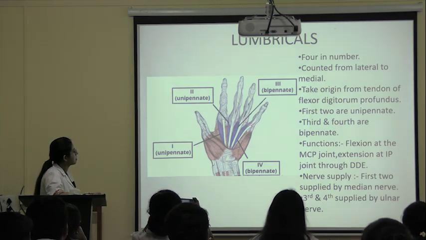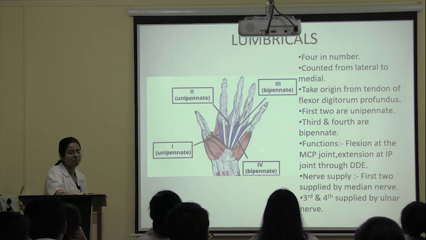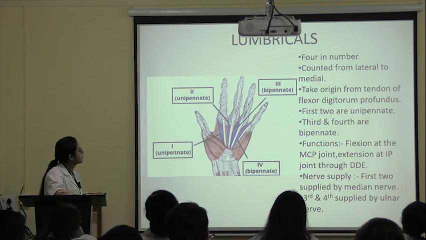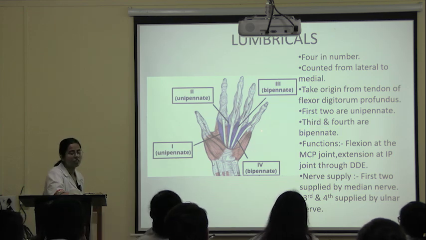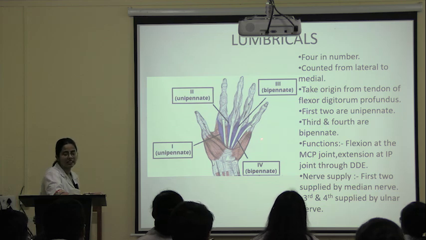Now can you tell me for this fourth one? Origin. This is which finger? Ring finger. This is little finger. Now these are the adjacent sides of the ring and the little finger.